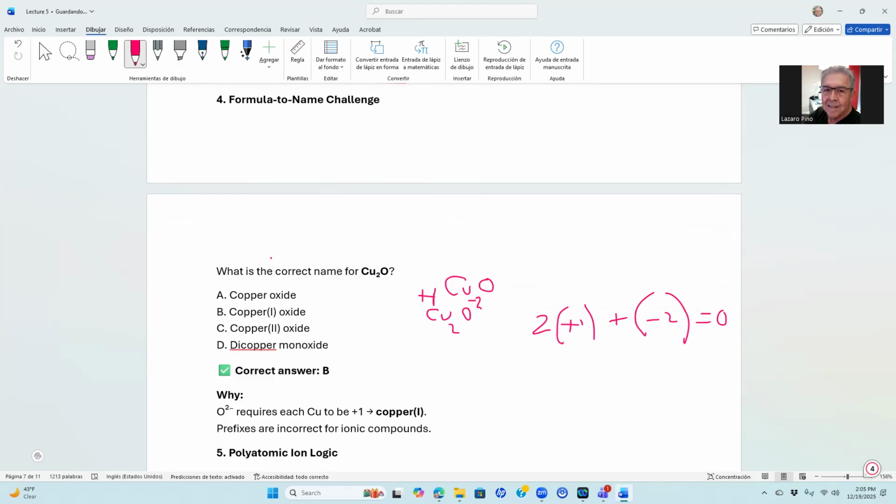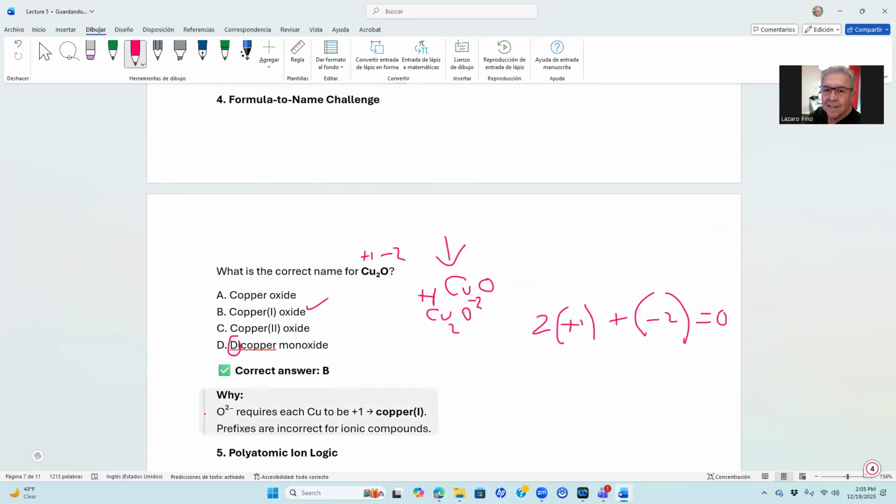Then, what is the correct name for this copper compound? In this case, you have copper +1 and -2. If it were copper 2, it would be 2 times 2, which is +4. And dicopper, no. It's a metal at the beginning, so you cannot use prefixes.